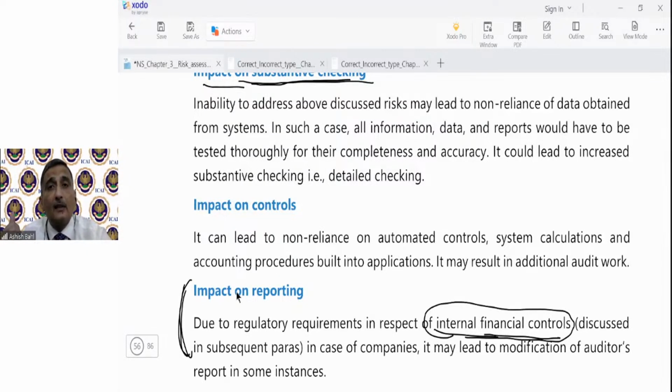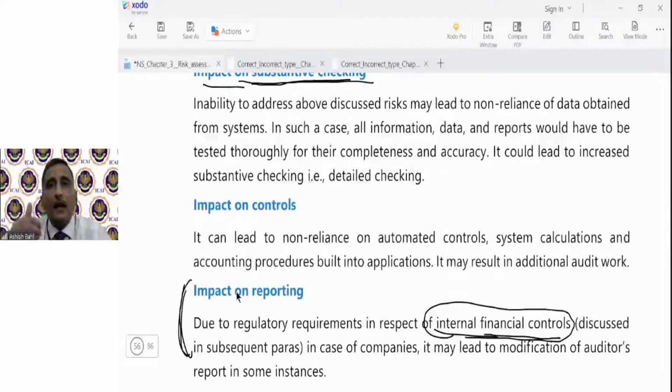If the controls do not operate effectively, the auditor may have to engage in verification of 100% of transactions. So it would not only increase the audit cost, but it would also affect audit efficiency.